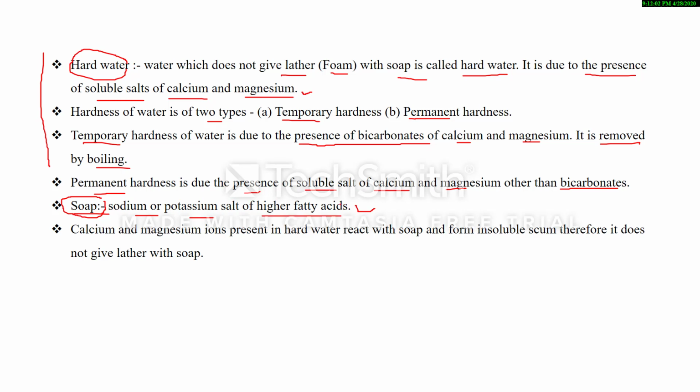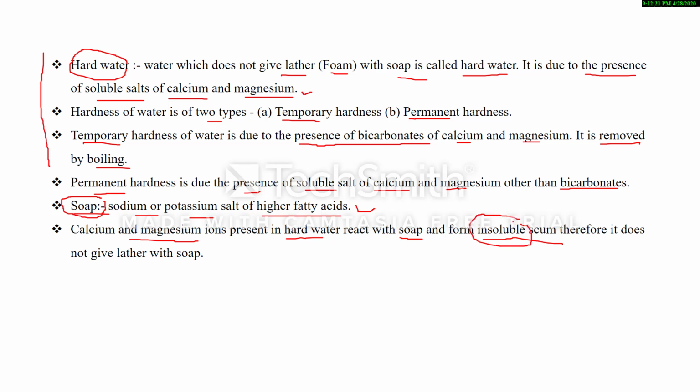But when this soap is treated with hard water, which contains calcium and magnesium salts, what happens? Calcium and magnesium ions present in hard water react with the soap and form insoluble scum. Scum means precipitate, insoluble scum.